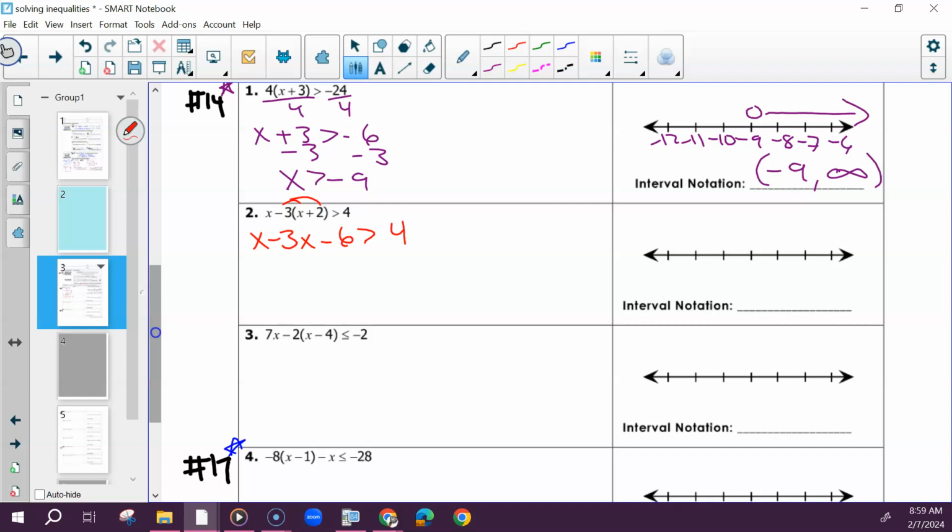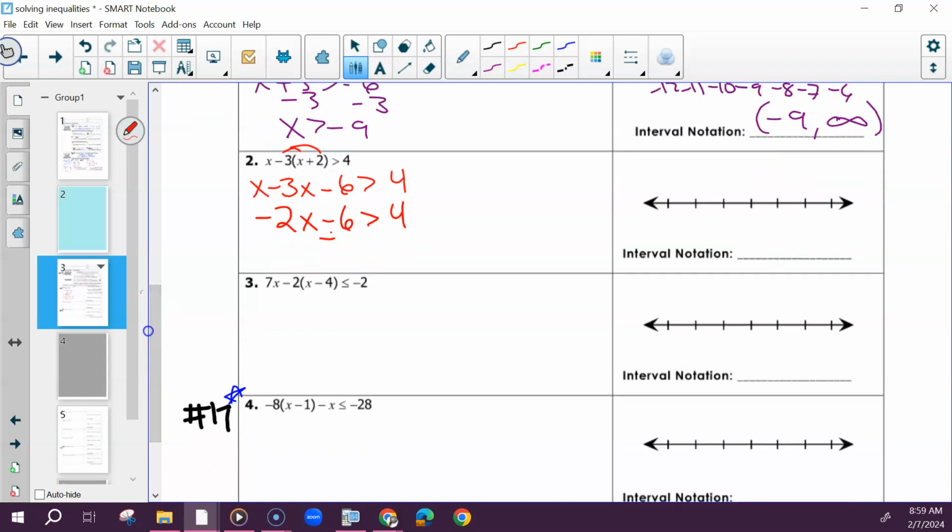Combine terms, the x minus 3x, so negative 2x. Get rid of 6 by adding it. And then when we divide, what happens? The sign changes direction. So x is now less than negative 5.